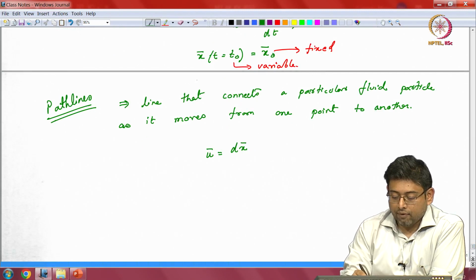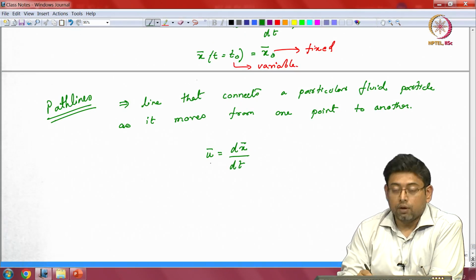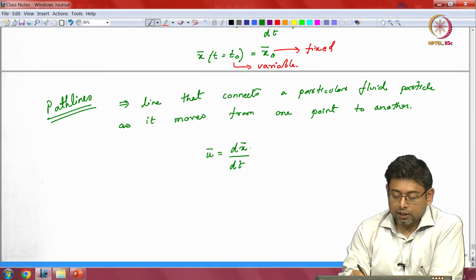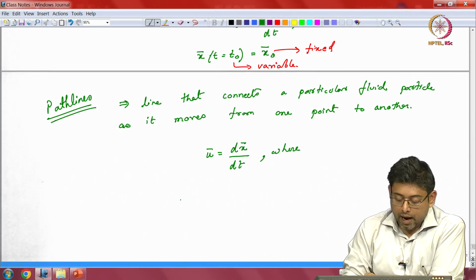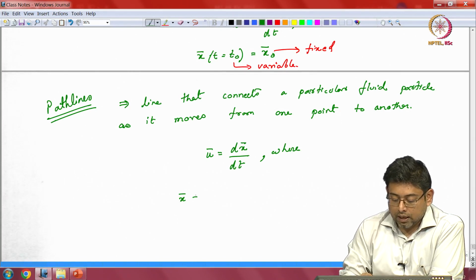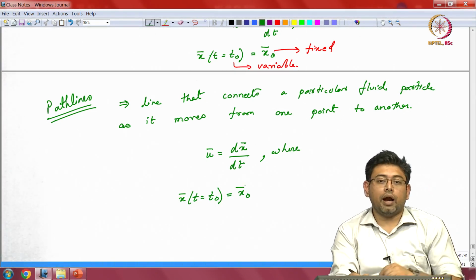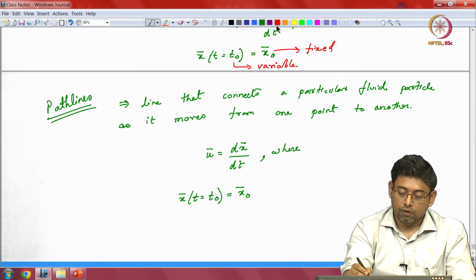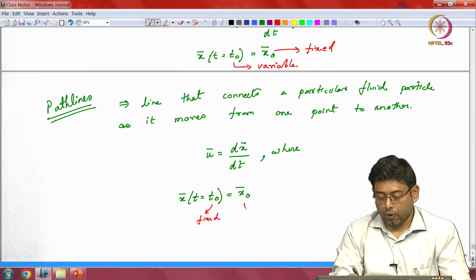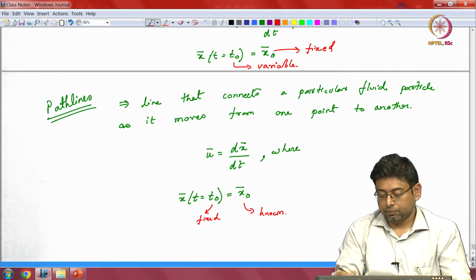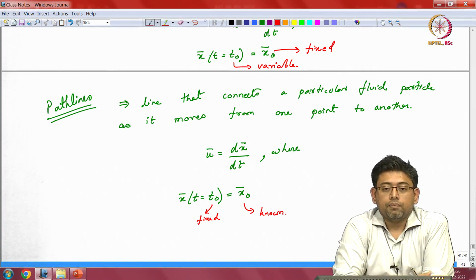So you again have the local Eulerian velocity equal to the Lagrangian velocity of the fluid particle which you are interested in, and this now has to be solved such that your x at t equal to t naught, where t naught is now fixed, is equal to some x naught. So you have to give the right initial condition, right. So this is now fixed, and this x naught has to be known for you to be able to solve.